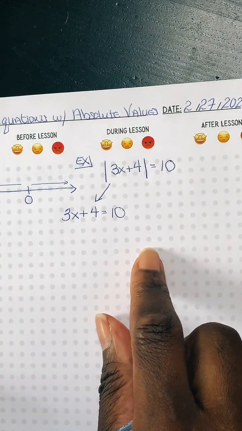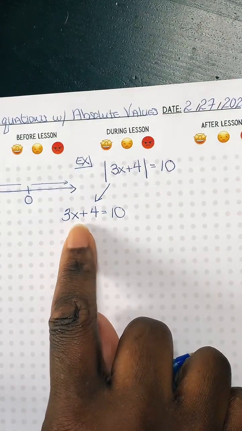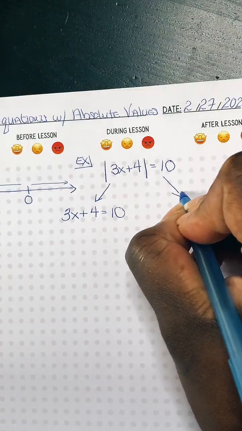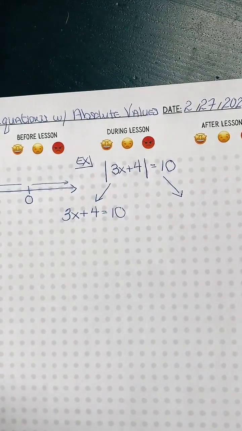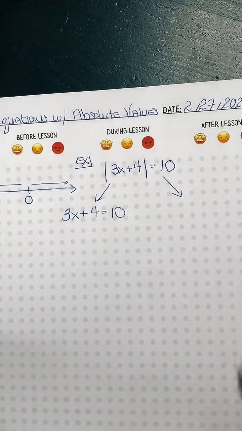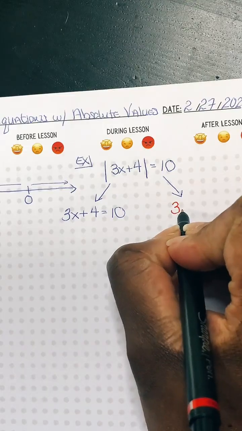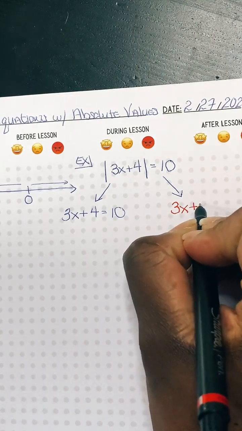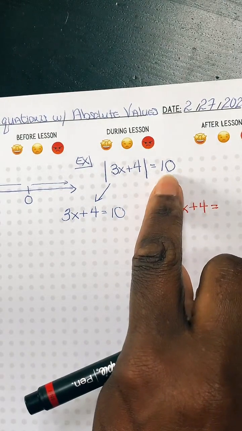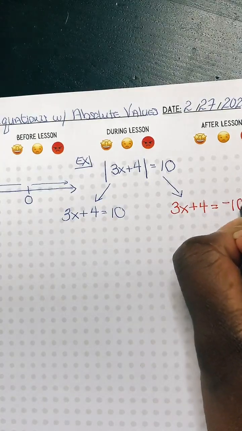Okay, so the first equation you're going to write is everything you have without the absolute value. Now, the second equation, oops, forgot to pull my other pens out. My second one is going to be what's inside the absolute value, but it's going to equal the opposite, which is negative 10.